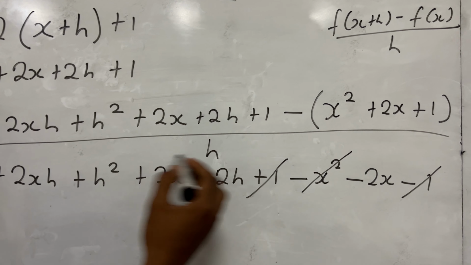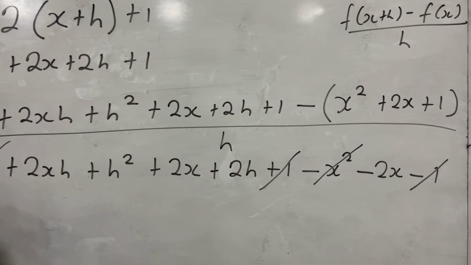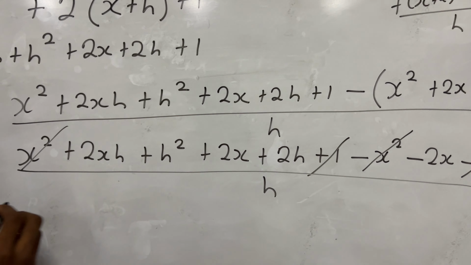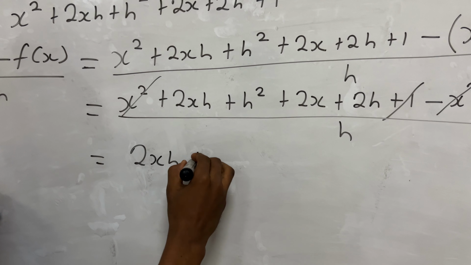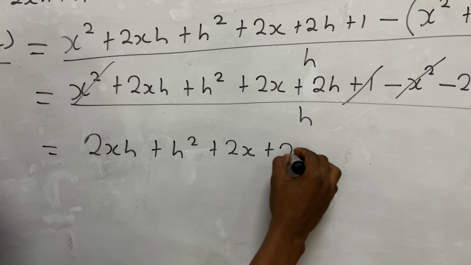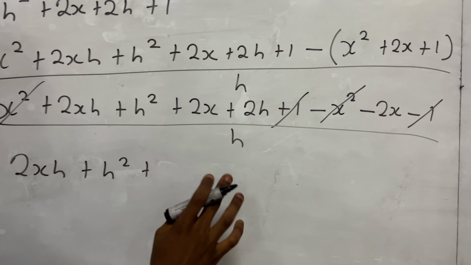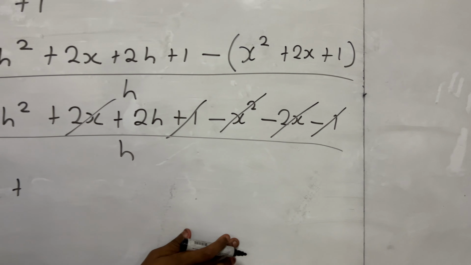The negative x squared will cancel positive x squared. So this is over h. So I will have 2xh plus my h squared plus 2x plus 2h. Then, clearly, positive 2x will cancel negative 2x over here.